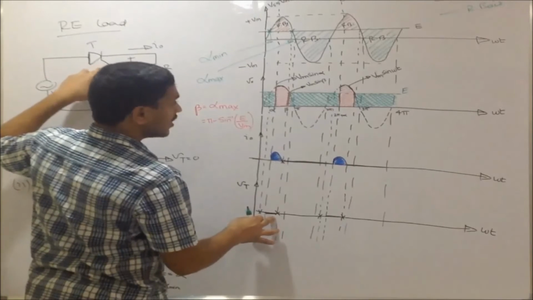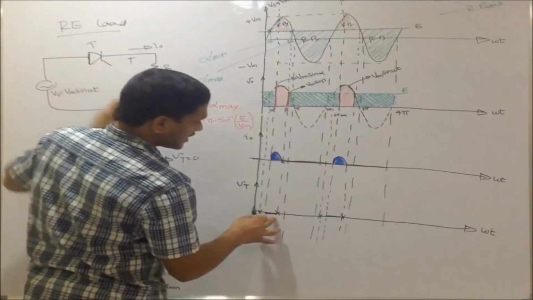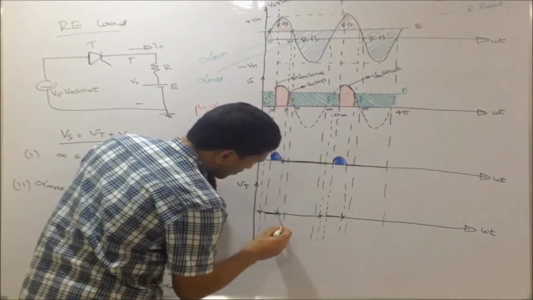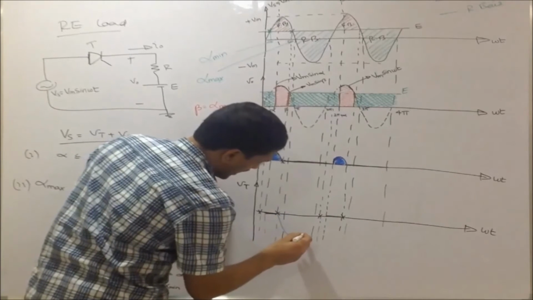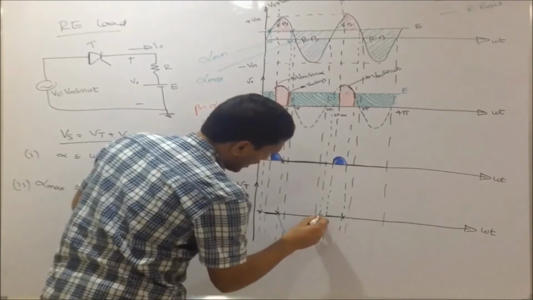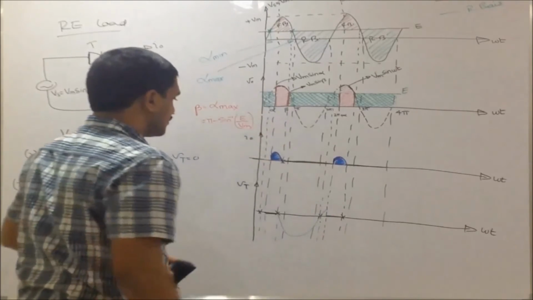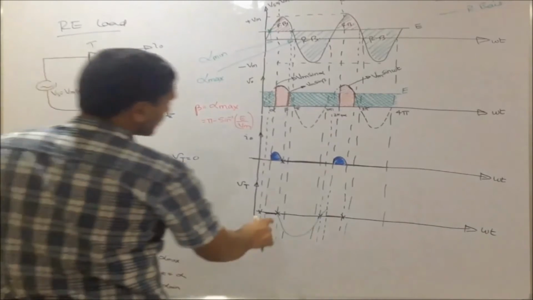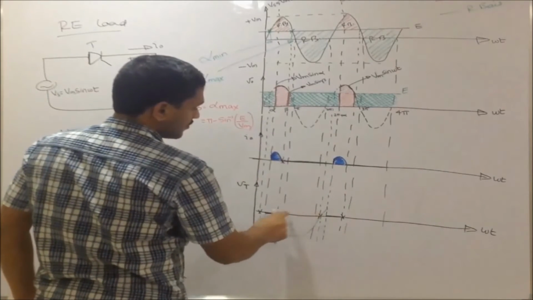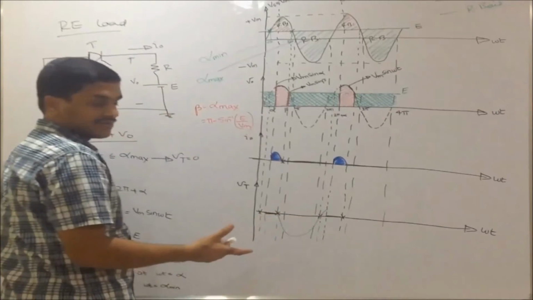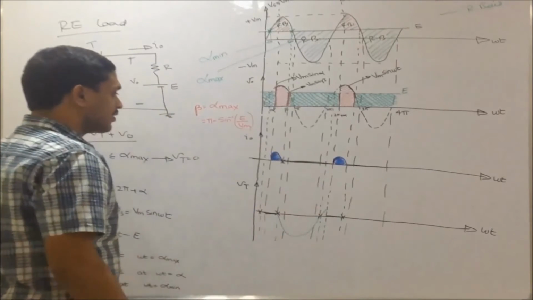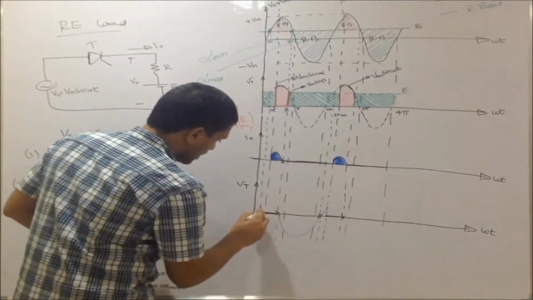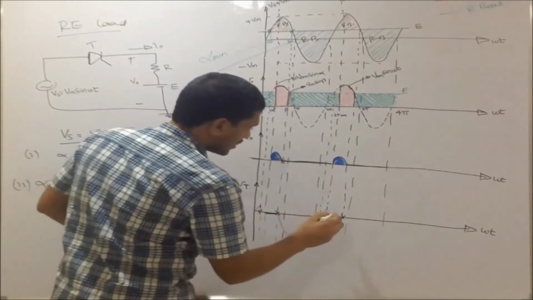Beyond alpha max, it is negative, and again it is negative up to 2 pi plus alpha min. These two points I know are 0, and in between it is negative, so I have connected them by the negative waveform. Similarly, the same thing appears again.